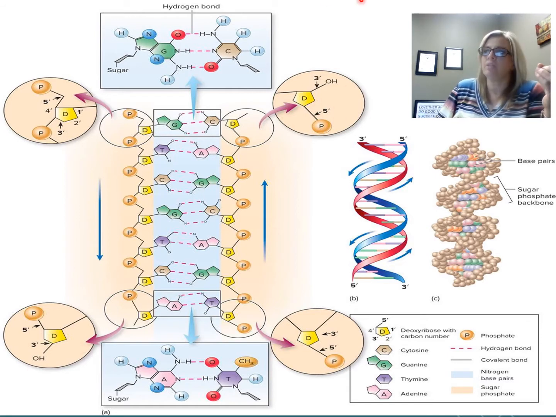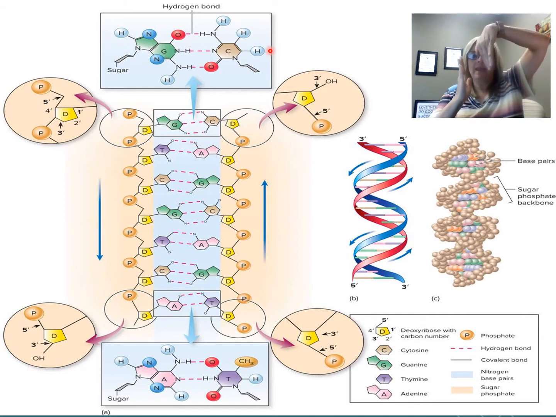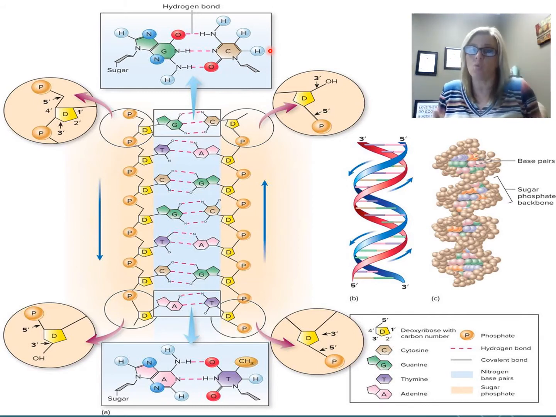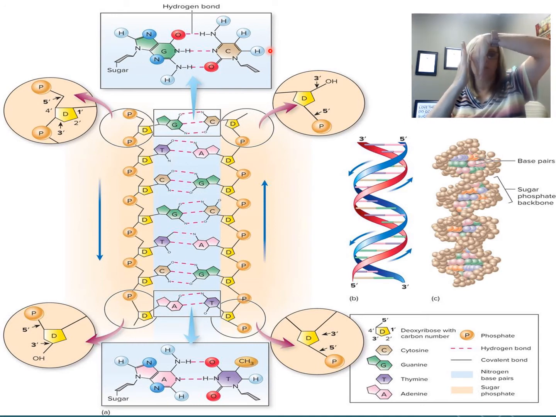So one strand is going to be running this way. You can see this arrow here, 5' to 3', and the other is going to be running this way, 5' to 3' this way. That is what's called anti-parallel. They're parallel, but they're going in opposite directions. Kind of like when we're on the road and we're driving a car. You're parallel, but you're running on opposite sides of the road, okay?